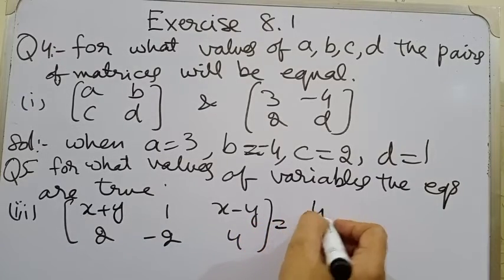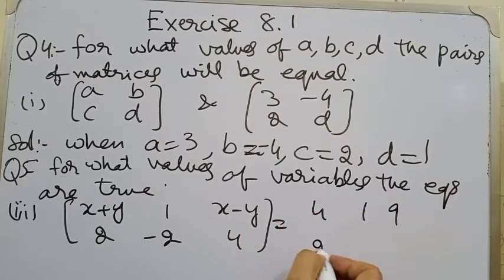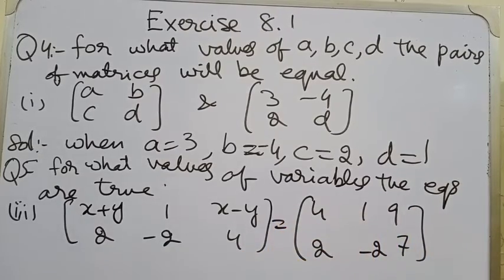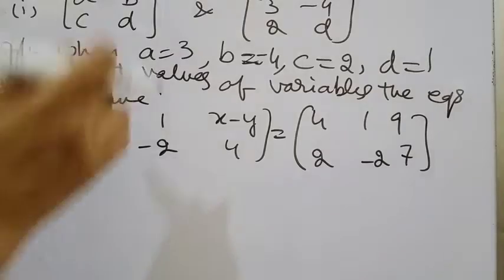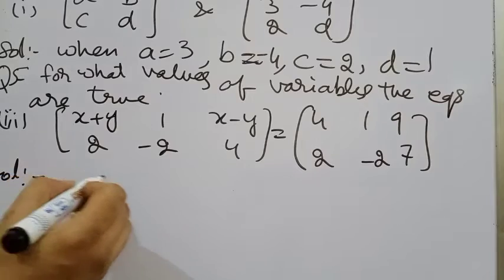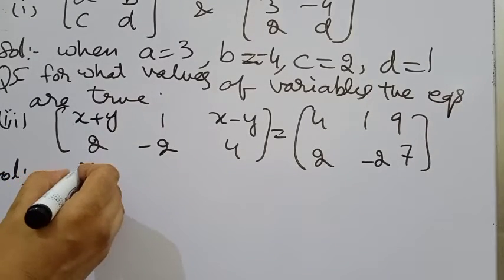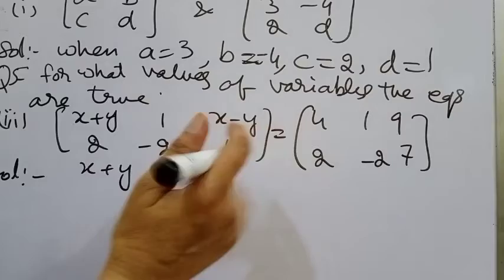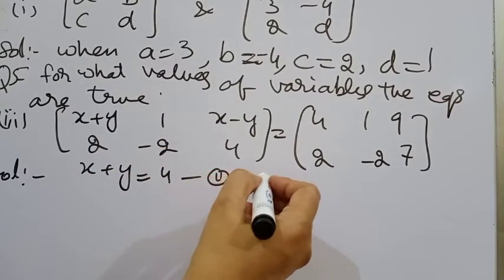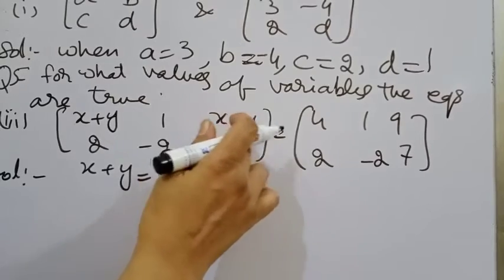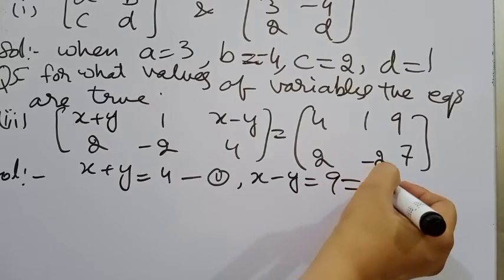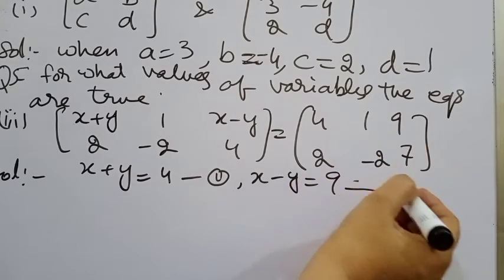This is equal to 4, 1, 9, 2, minus 2 and 7. By comparing these two matrices, we observe that x plus y is equal to 4, and we say it is equation number 1, and x minus y is equal to 9. We say this is equation number 2.